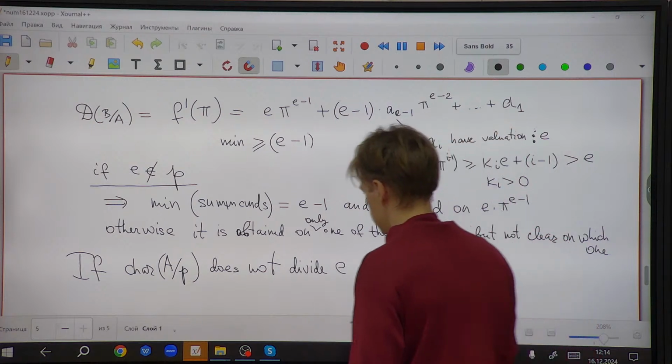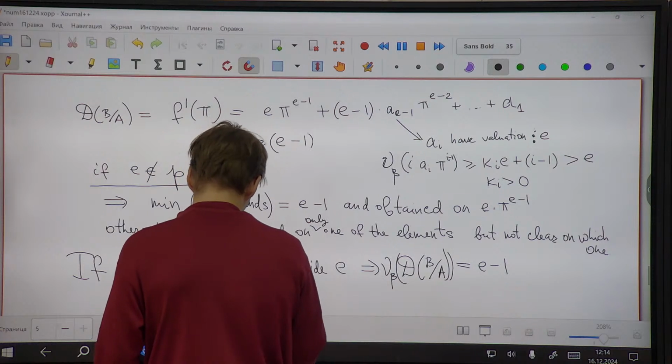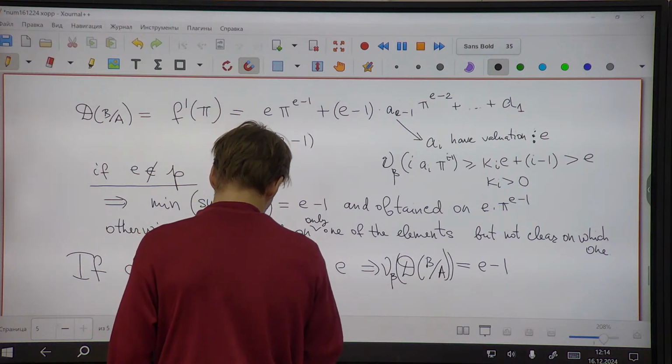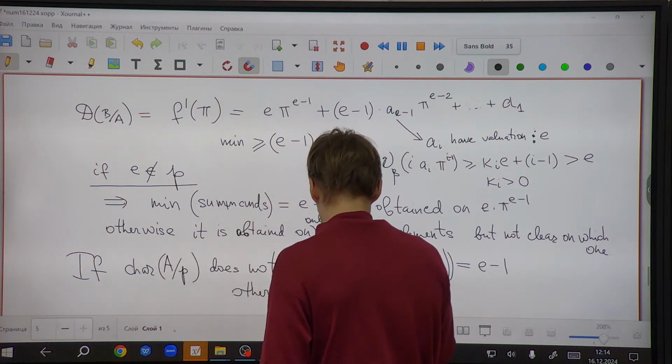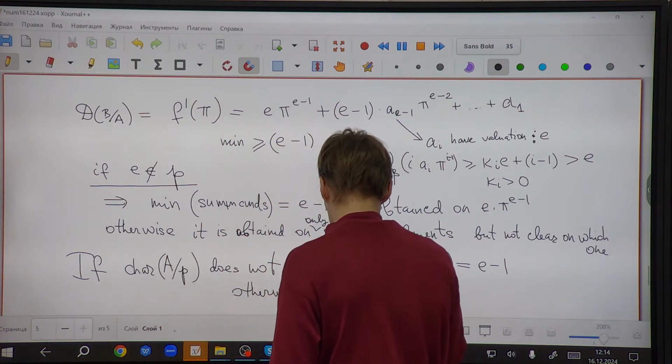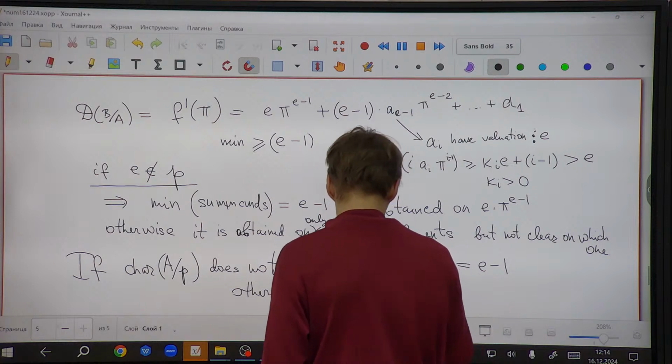Otherwise the valuation is larger, just larger.